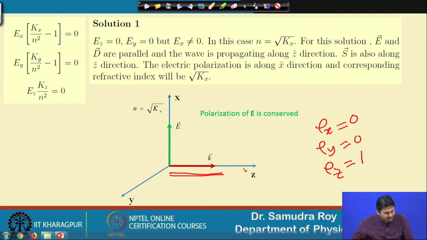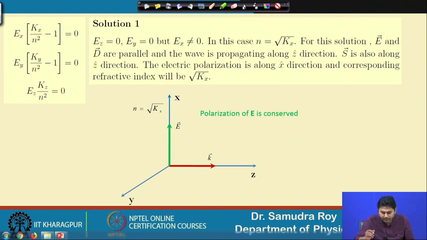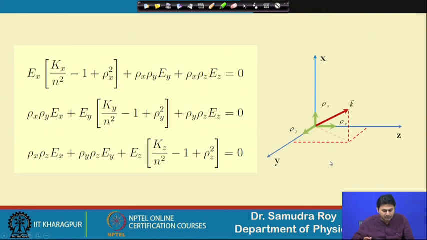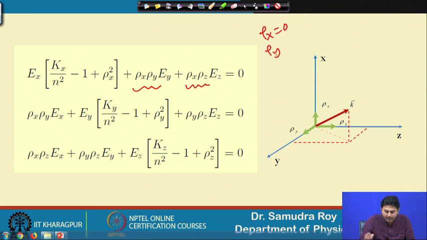Now, if this is the case, then go back to my previous equation. Here in this equation, I need to put rho x and rho y 0, rho x and rho z will also be 0, because my rho x is 0, rho y is 0 and rho z is 1. Why is that? Because I am launching my k in a preferred direction and that direction is z.